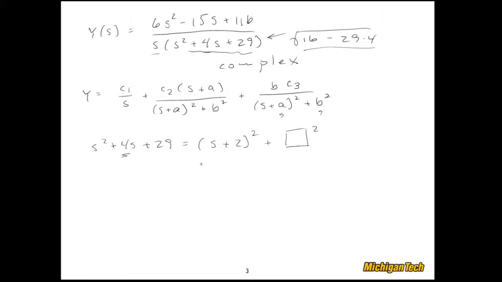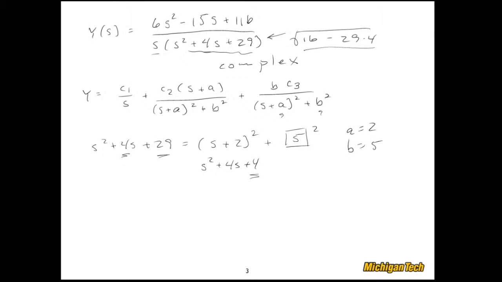So if I look at this first term, I have s squared plus 4s plus 4, and I have to look at what I need to get up to 29. That's 25 plus 4 is 29, and so I need a 5 there. Okay, so now I know that a is 2 and b is 5.